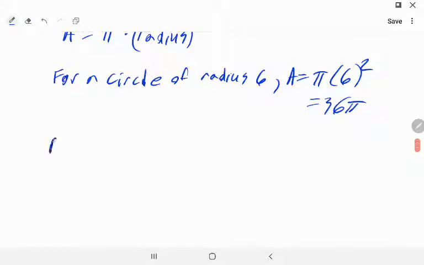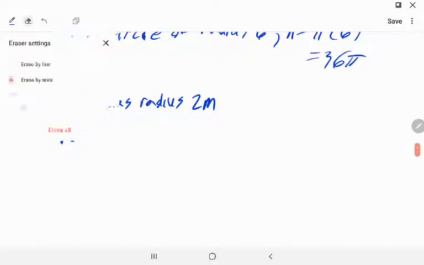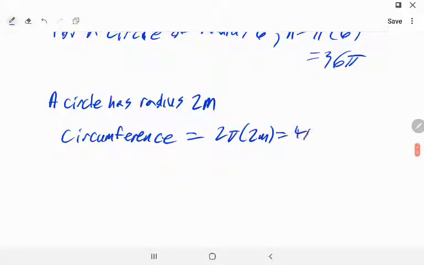If we said a circle has radius 2 meters, we know the perimeter, the circumference, is equal to 2 times pi times 2 meters, which gives us 4 pi meters.